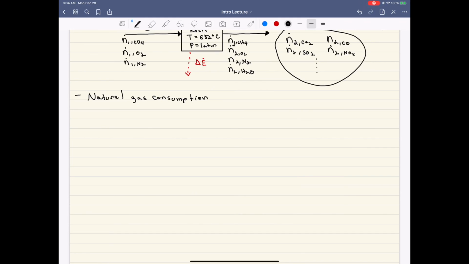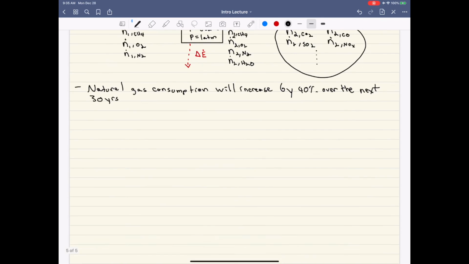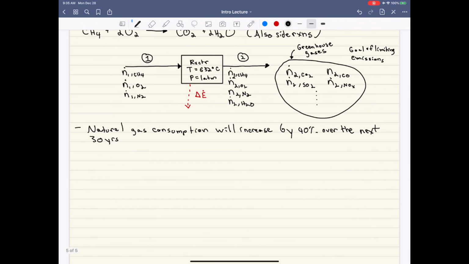So natural gas consumption, for example, will increase by 40% over the next 30 years. Okay? Right?